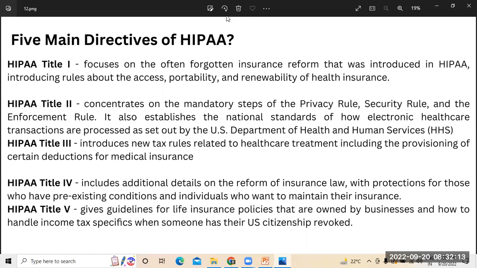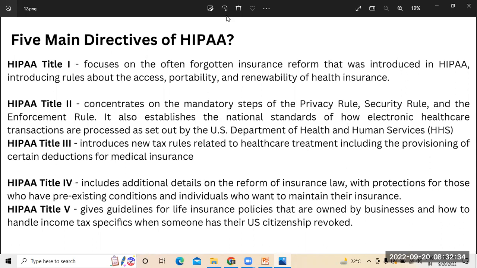Enforcement rules means how you are enforcing it to make it implemented, right? So that's what we call enforcement rules, because this all comes under the implementation perspective.